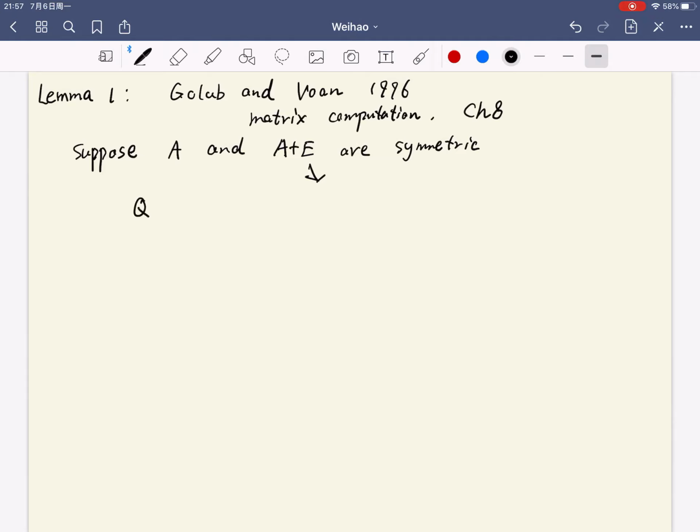And Q is an orthogonal matrix, which we write as a column of two matrices. The first one is n by r, and the second is n by n minus r.